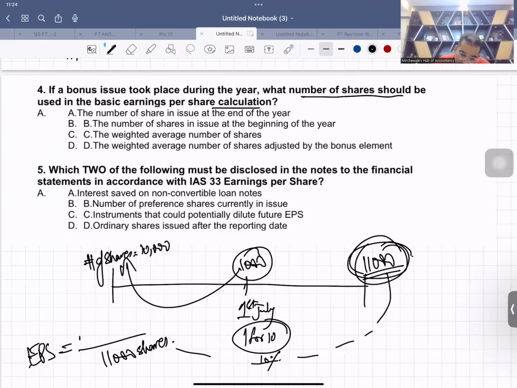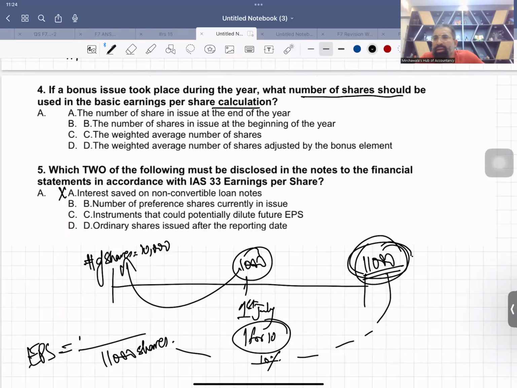Which two of the following must be disclosed in the notes to the financial statements in accordance with IAS 33 earnings per share? Now we need to show the disclosure. Listen. Interest saved on non-convertible.